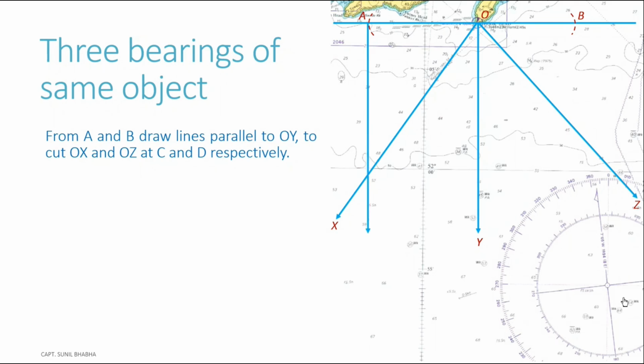You can see this line on the screen now. This line cuts my first bearing, that is OX. Now you can see the second line passing from point B and parallel to OY, our middle bearing. Now this line cuts our third bearing line, that is OZ.